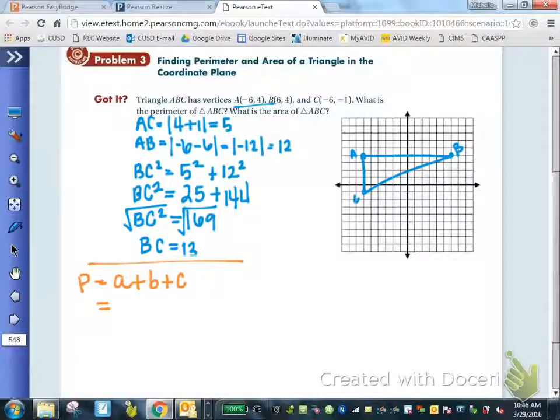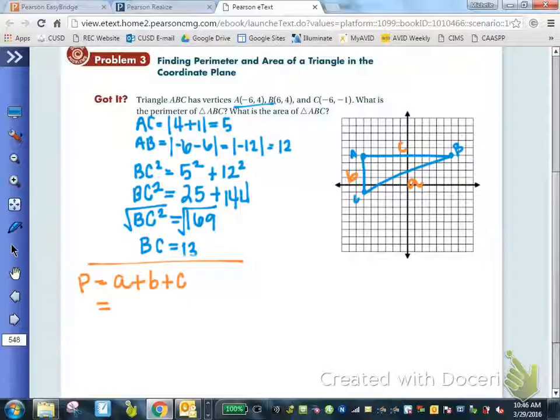Typically when we're naming triangles, the side across from the vertex is called the same letter but lowercase. So across from vertex A, we would call that lowercase a. This one across from C would be called lowercase c, and this one across from B would be lowercase b. Just so you know. But it kind of goes against our a squared plus b squared equals c squared for right now. Good?